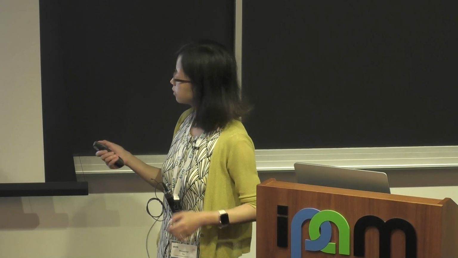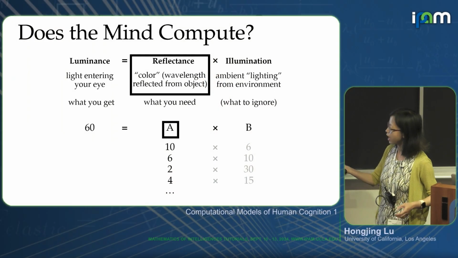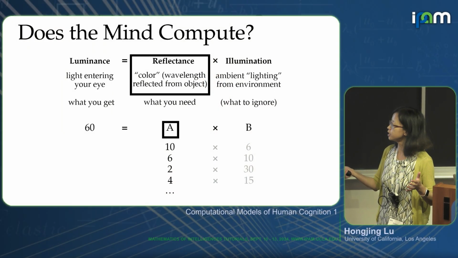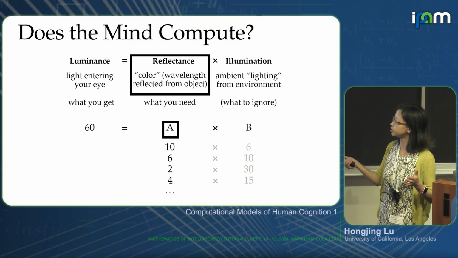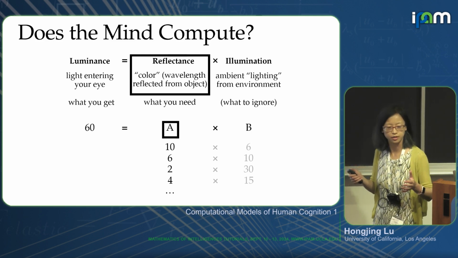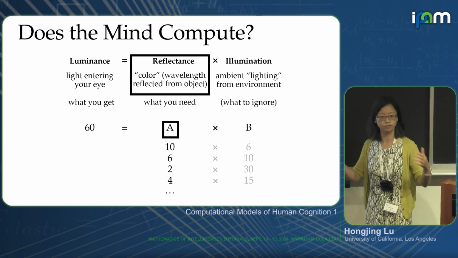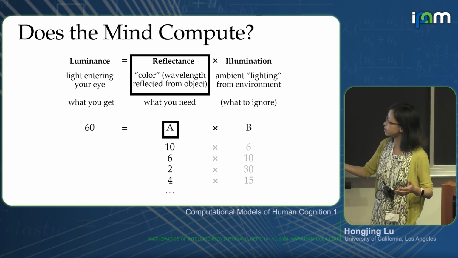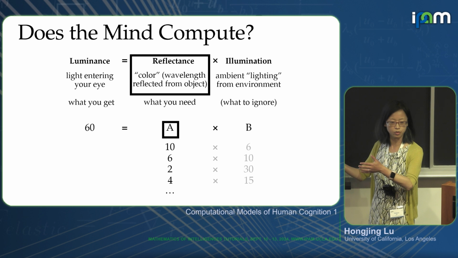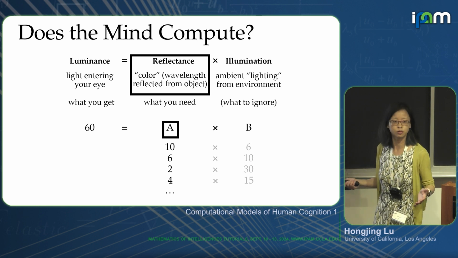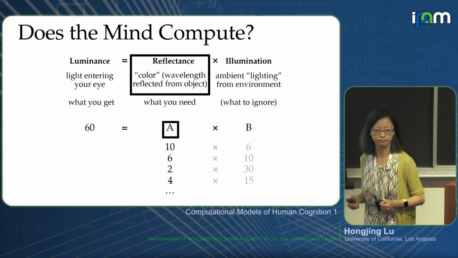Here the computation is more like we have some kind of observations, but these observations do not directly answer what we're interested in. So there are a lot of latent variables and latent functions that can influence the mapping from your input to your output here. In this case, that's what I would consider as a computation.